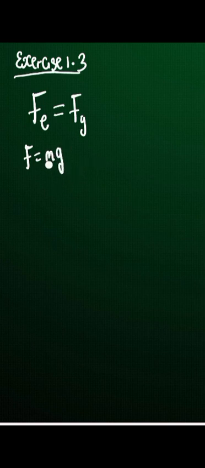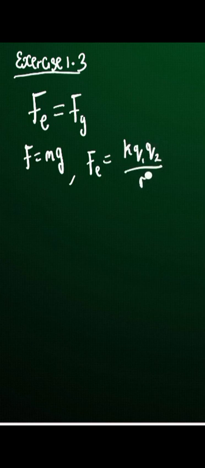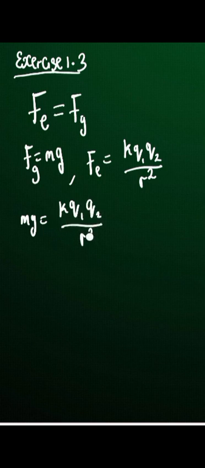Now, what of Fe? Fe is the electrostatic force, given by K Q1 Q2 all over r squared. So what we just need to do is equate both of them together, since Fg is equal to Fe. So from here, mg is equal to K Q1 Q2 all over r squared.